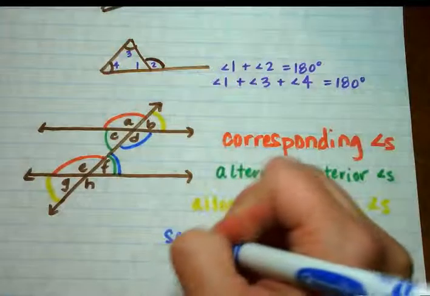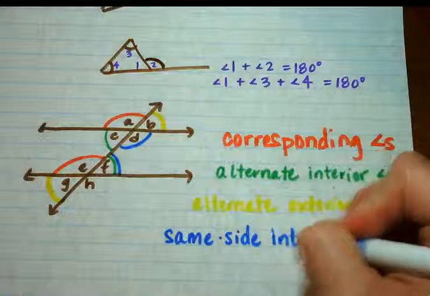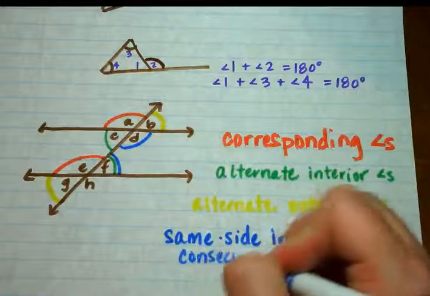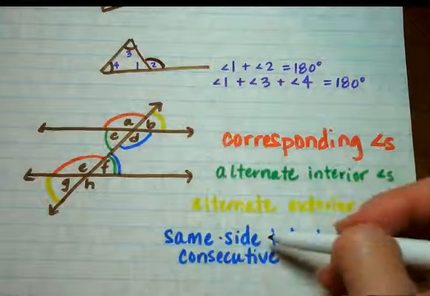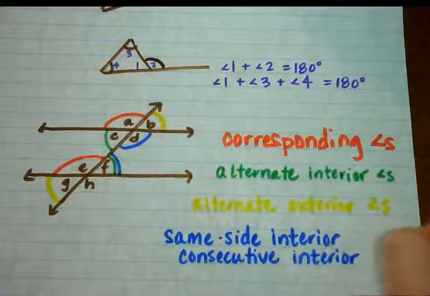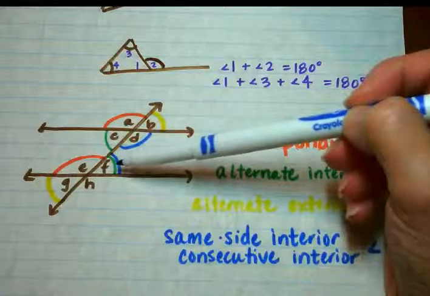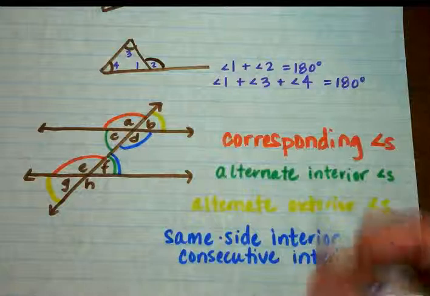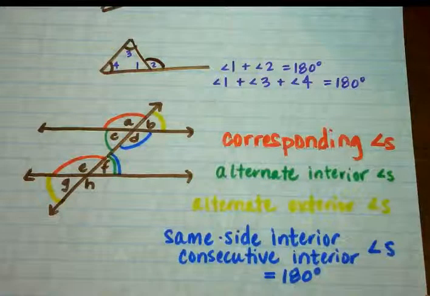So you can use the same side interior, or another word is consecutive. And consecutive means that they are right next to each other. So same side or consecutive interior angles. Now, these are not congruent. If you notice, angle F is acute, angle D is obtuse. So the deal here is that these two angles will add up to 180 degrees.